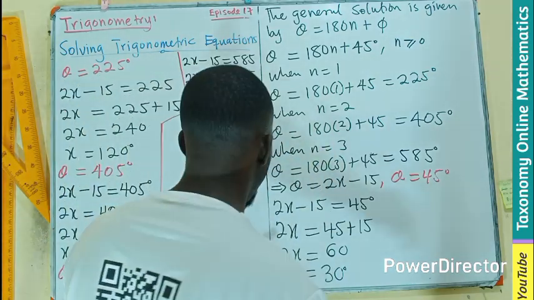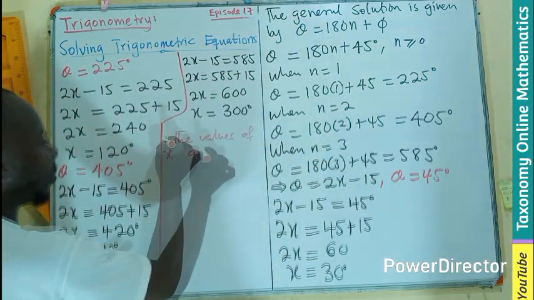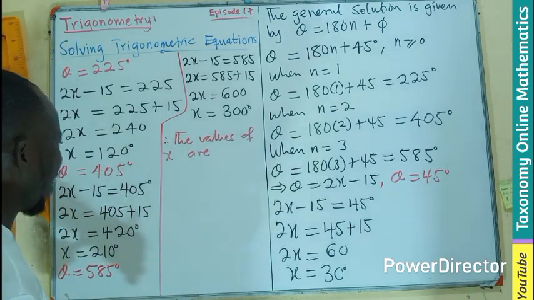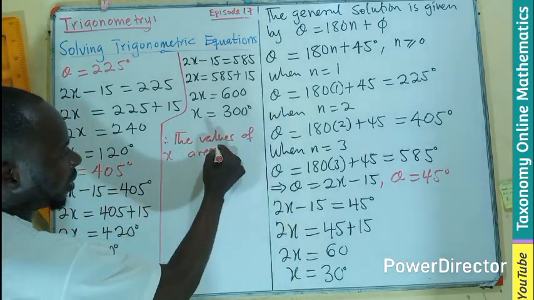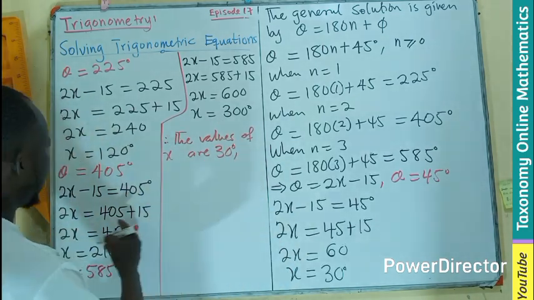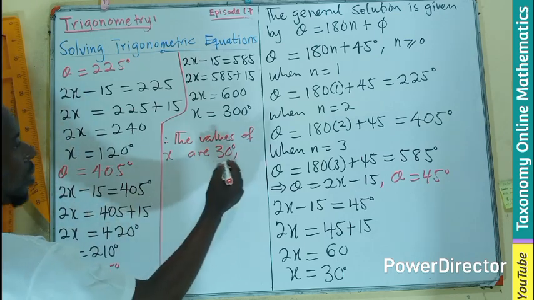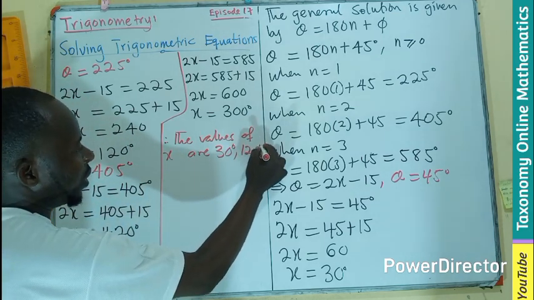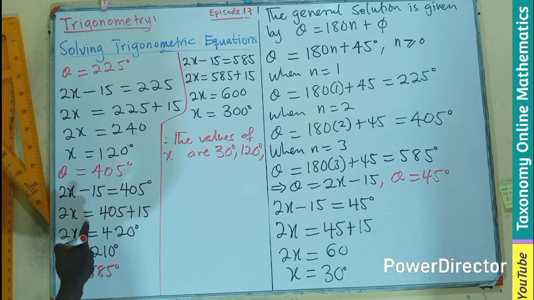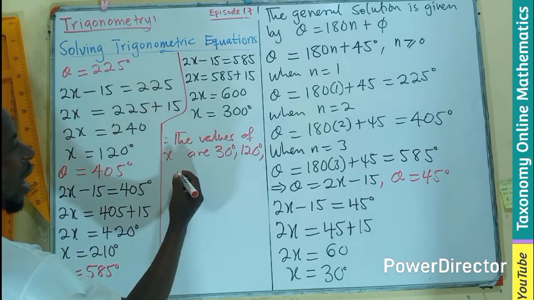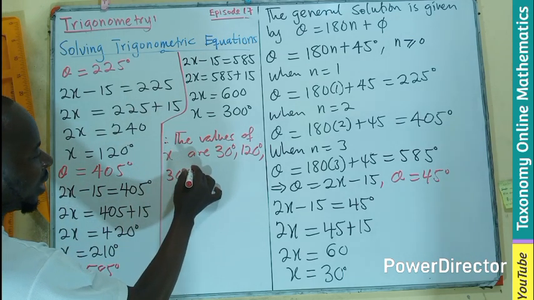So we can only conclude and say, therefore, the values of x, starting from the beginning, are 30 degrees, followed by 120 degrees, and then 300 degrees.